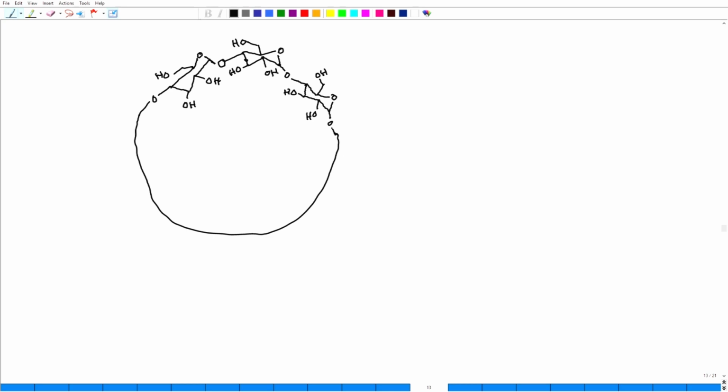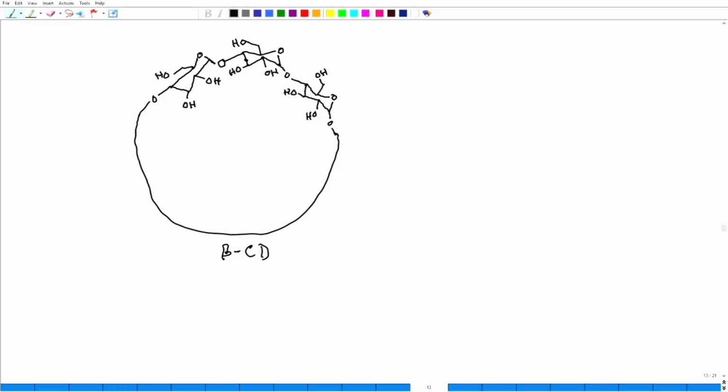Fine. So, I can get 1, 2, 3, 4, 5, 6, 7, then that will be beta cyclodextrin. In short, we say beta CD. And if there are 6, we call it alpha CD, and 8 we call gamma CD.